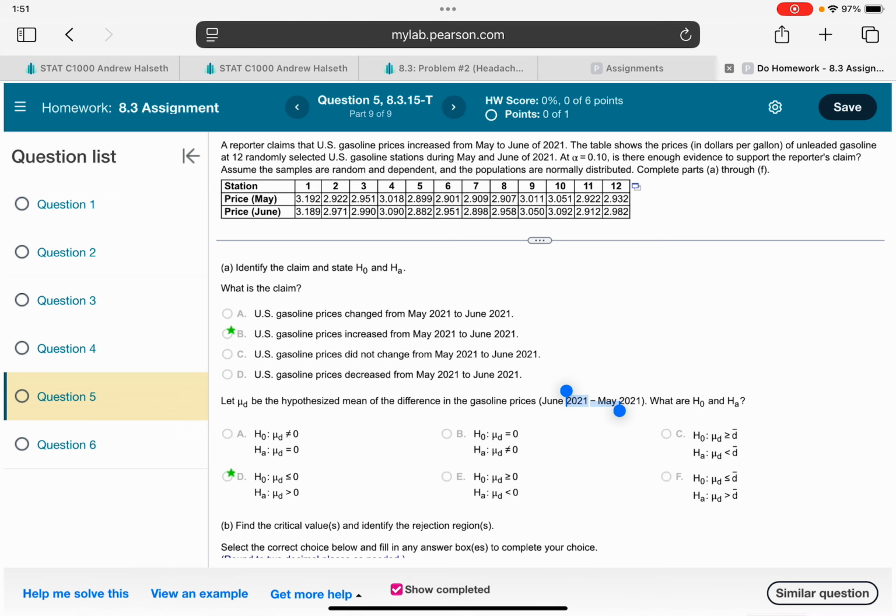So this one, it's that very top sentence. A reporter claims that the U.S. gasoline prices increased May to June. So if there's an increase from May to June, but then you subtract June minus May, you should get a positive number. That's why the correct answer is that one, right? Because that's showing a mu sub d greater than 0 on the HA.